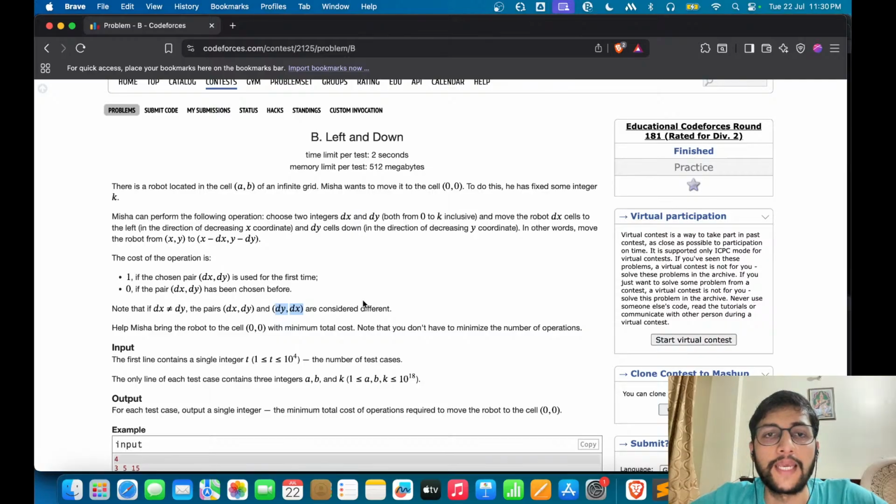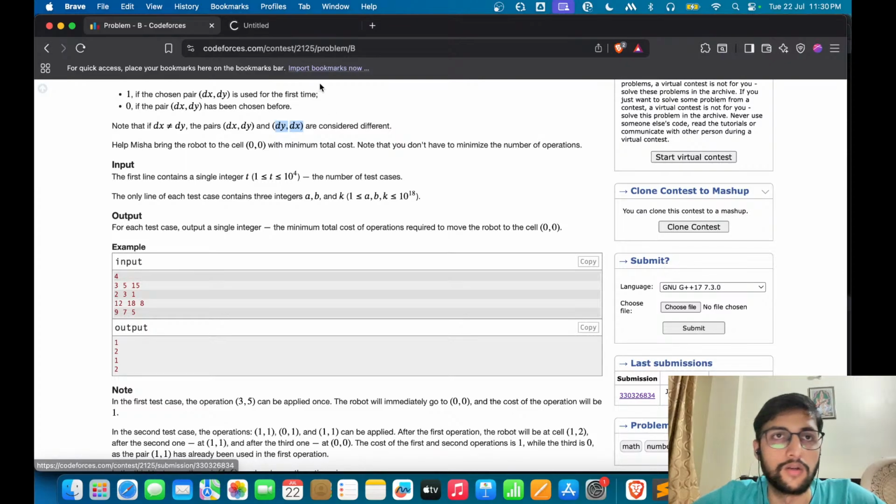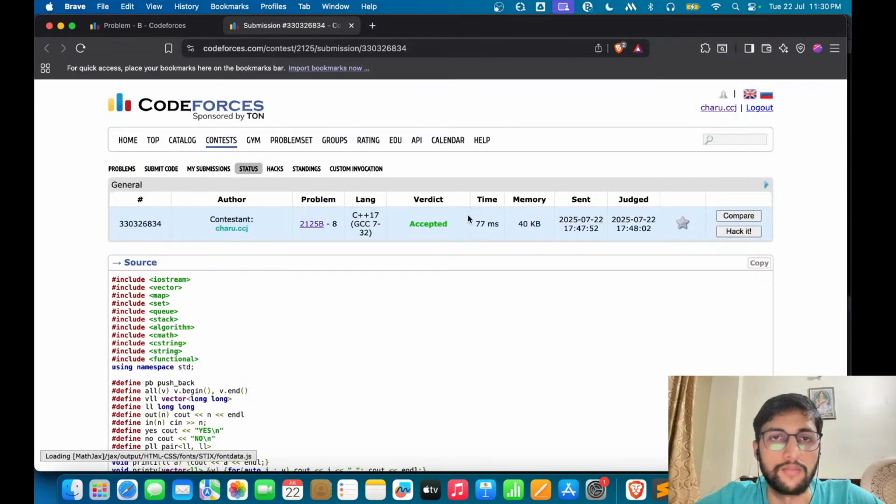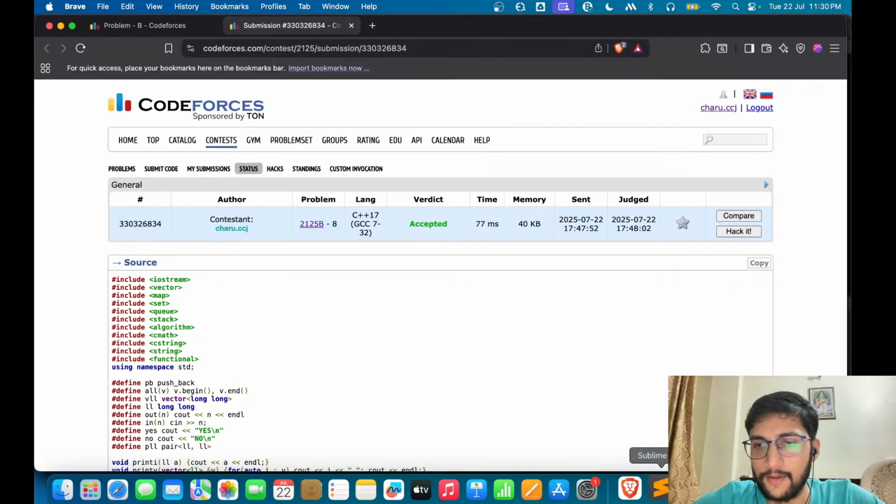You can simply take dx and dy as 0, 1 and 1, 0. So these two will incur you 2 cost, and it is trivial that they will be able to traverse any points. So this is proven. Let's solve this on the text editor.